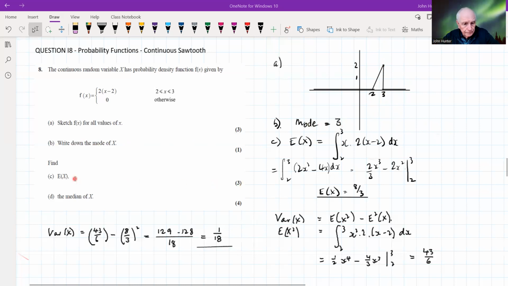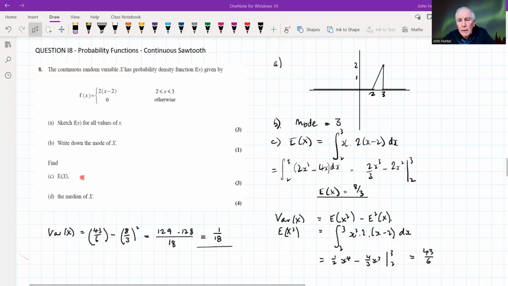Part C says, find the expectation of x. The expectation of x being the mean of the random variable. If you think again to the discrete case, we multiply every possible value by the probability of the random variable taking that value, and add all those up, we get a kind of weighted value.